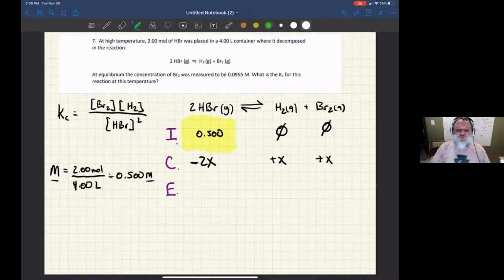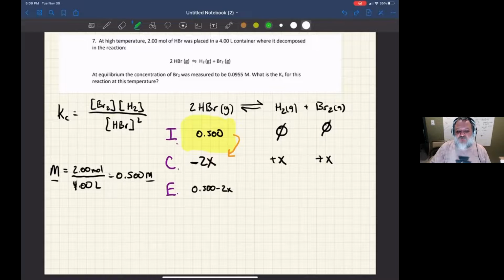So how do I deal with the equilibrium concentrations themselves? Well, if I start out with 0.5, that's the initial, and I know that it's going to change by a value of negative 2X, then the concentration at equilibrium is the sum of the initial and the change.